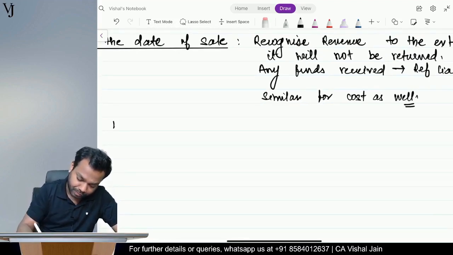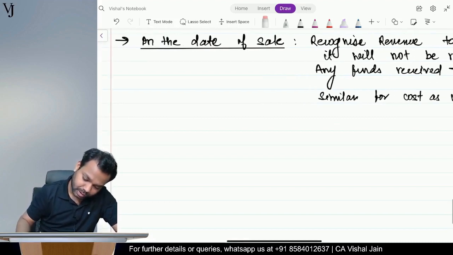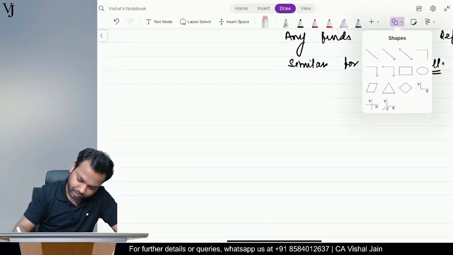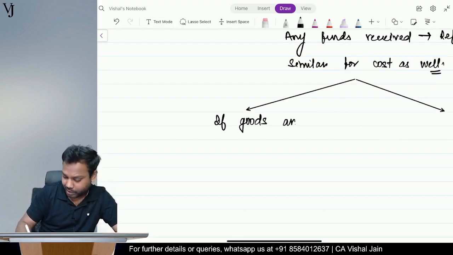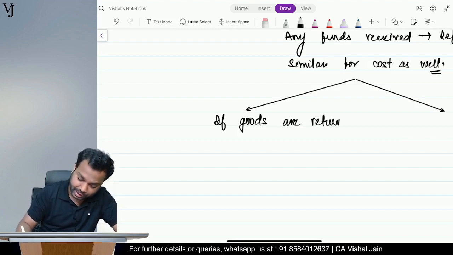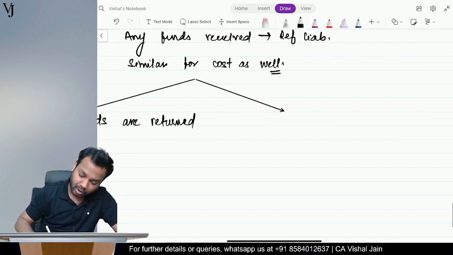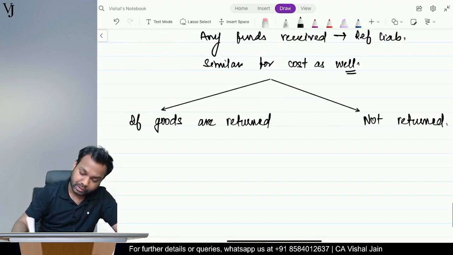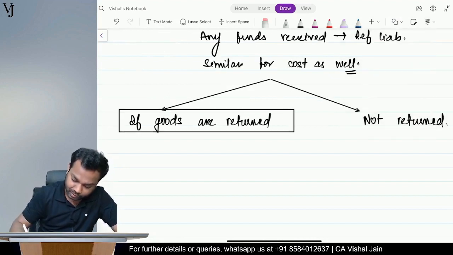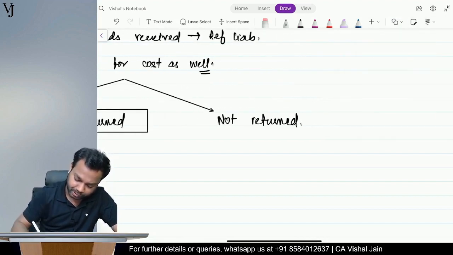Now, if goods are returned during the return days, or if goods are not returned.